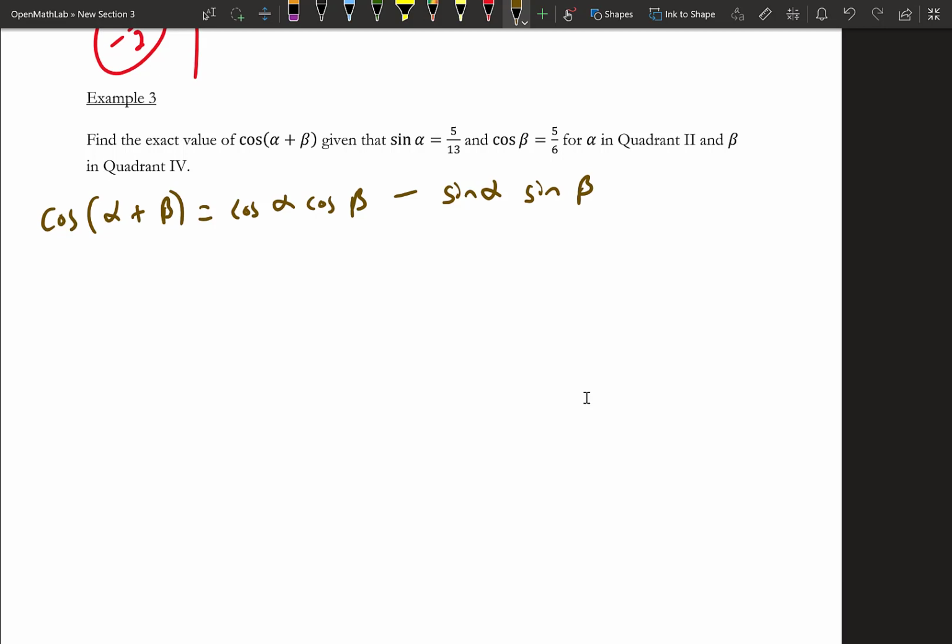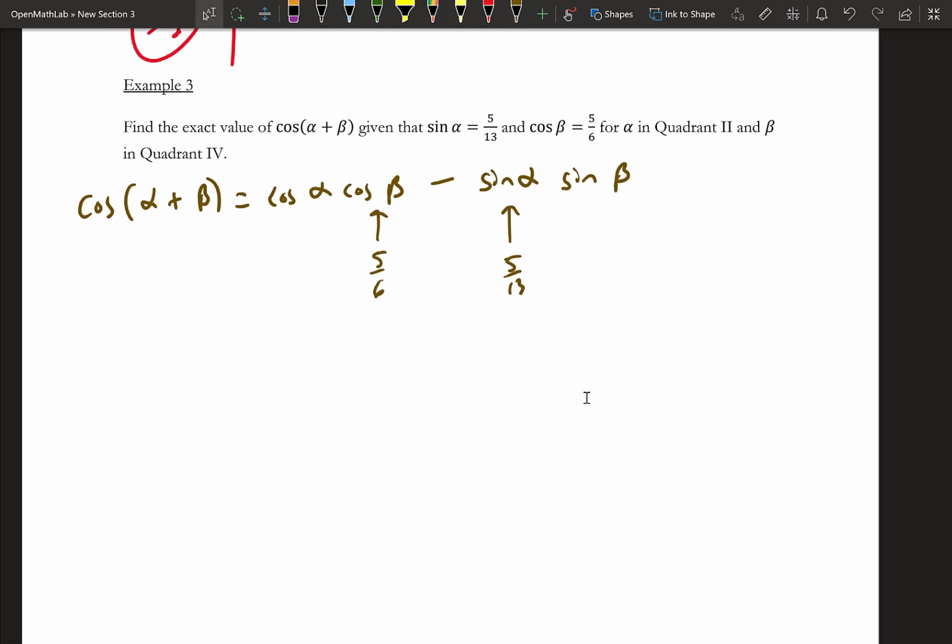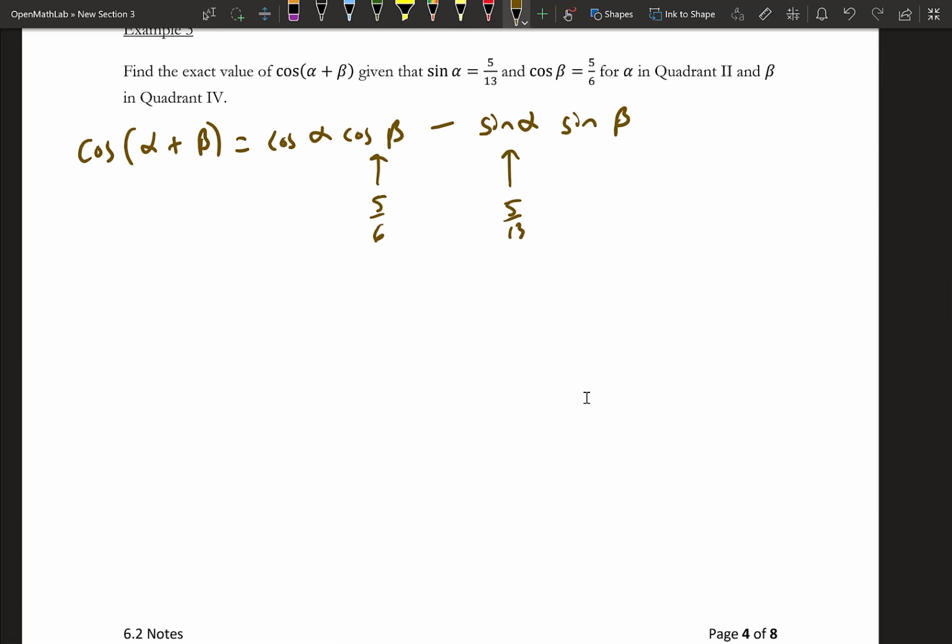So I know sine alpha is equal to 5/13, and I know that cosine beta is equal to 5/6. So I need to find cosine of alpha and sine of beta. Right? So I'm going to draw a picture here to help me.